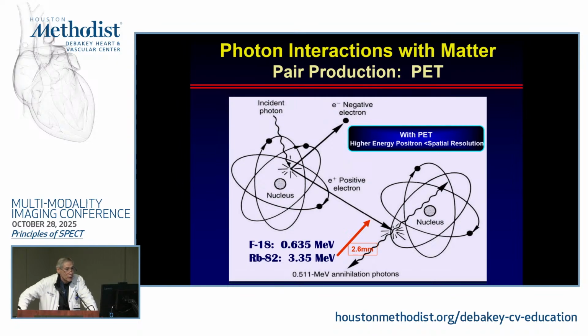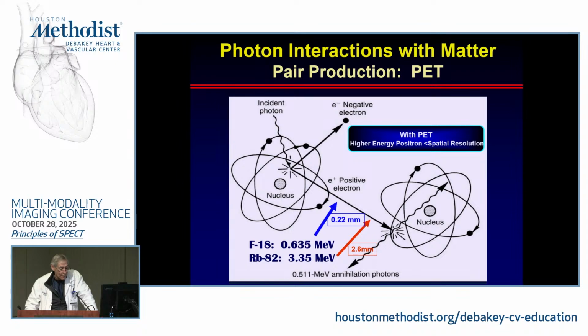Well, that's pretty darn high considering that in other modalities like technetium, it's 140 keV. But it's a very short acting half-life of 75 seconds, so it doesn't cause a lot of radiation damage. But because of that high keV, it goes quite a long distance, like 2.6 millimeters before it annihilates. And so the spatial resolution of rubidium is relatively low.